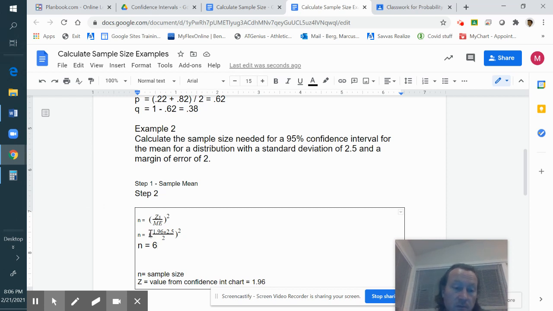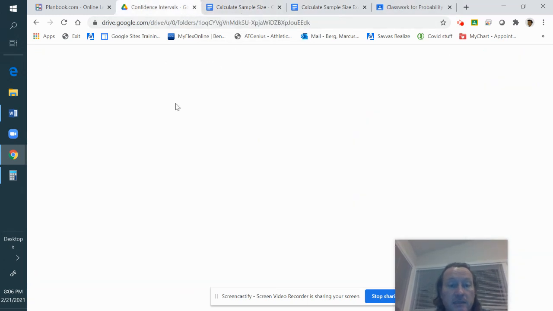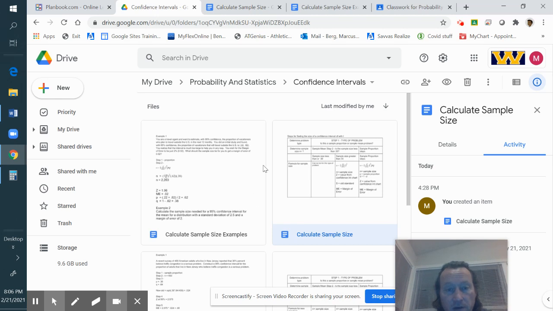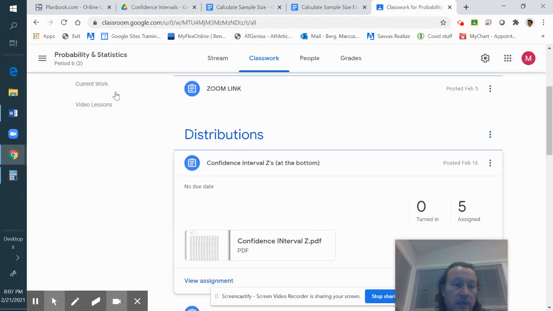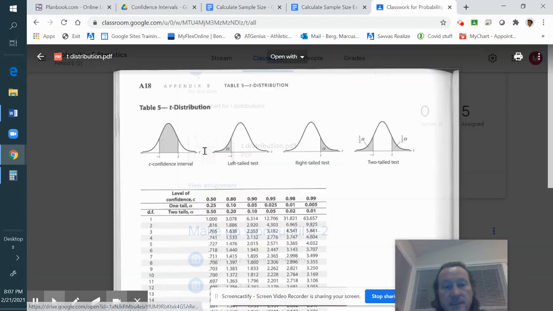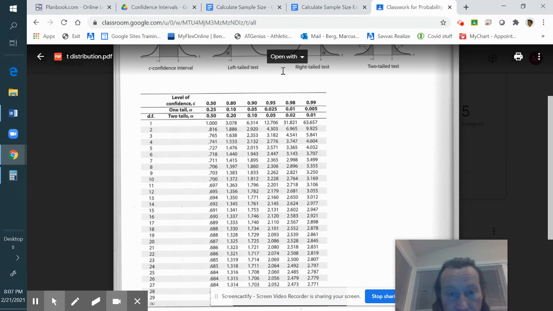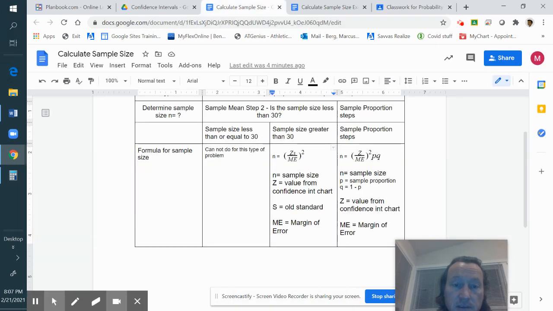If you look up where n equals 6 on the t chart, you're going to get something bigger than 1.96, and that will give you a bigger margin of error. If we go to classwork and say we want to use n equals 6, it changes your z value to 2.571 instead of using 1.96. And that's the problem. You cannot do this type of problem because n is less than 30.